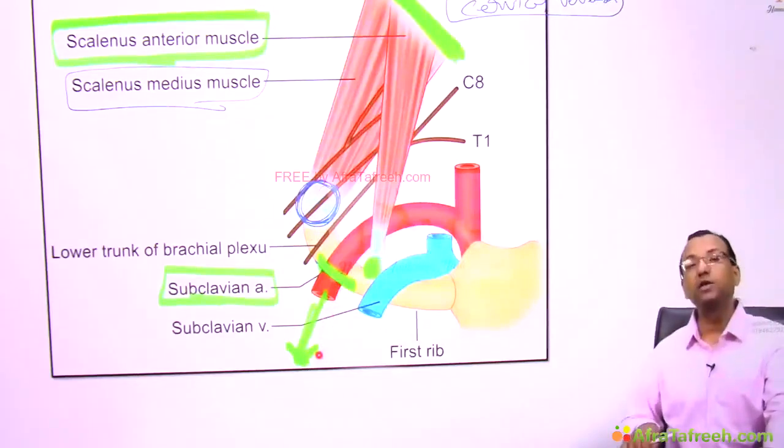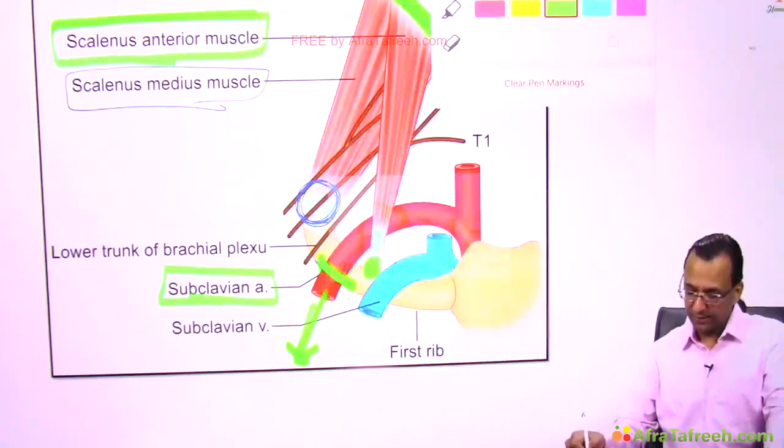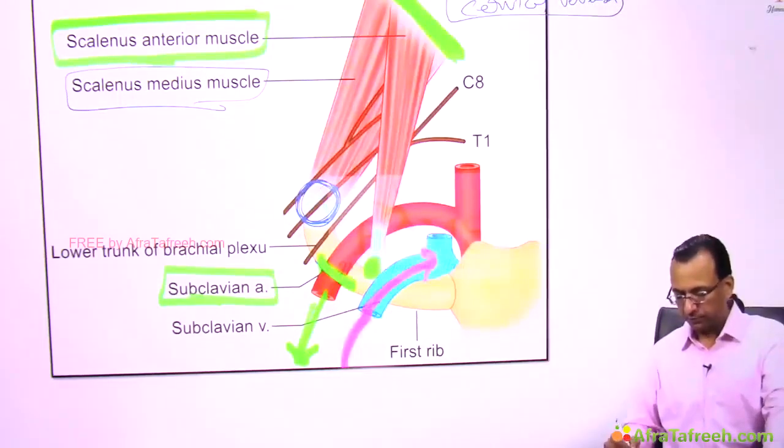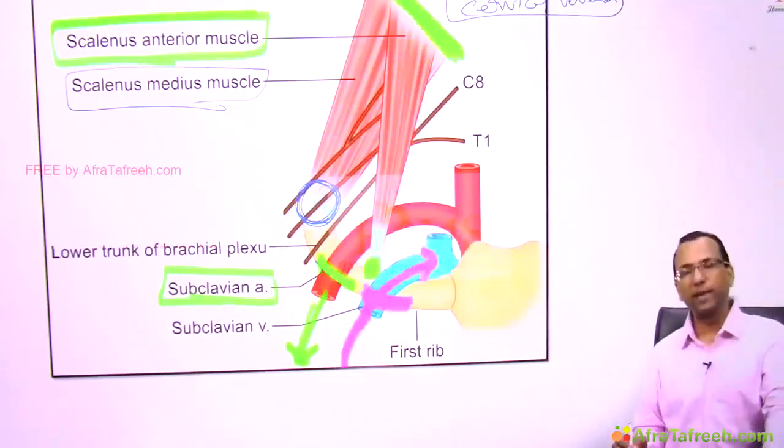Yes, similarly you'll have the axillary vein. This axillary vein will come here from the axilla. But as the axillary vein crosses the outer border of the first rib, it will become the subclavian vein.